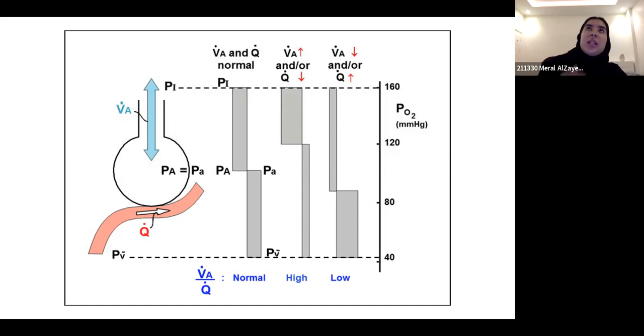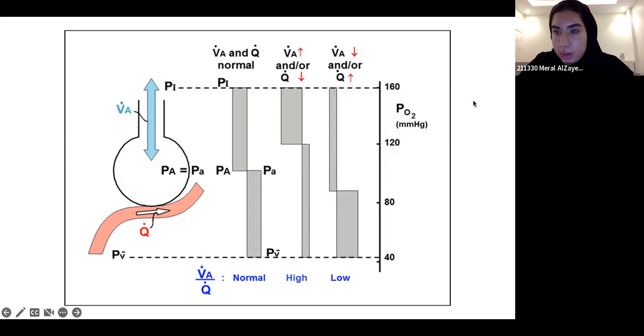So this will lead me to having normal levels of oxygen. Why? Because as soon as I'm exercising and breathing in more, my cardiac output increases, my perfusion increases. So as soon as I take in this oxygen, it will be distributed right away.